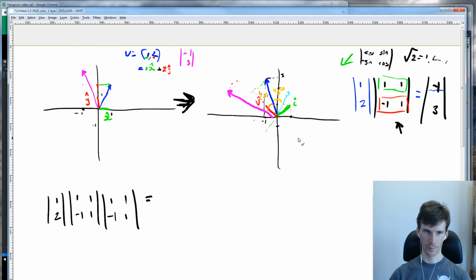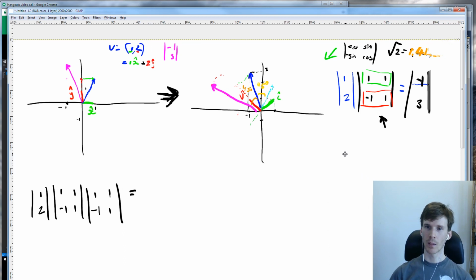Yeah, but unless it's just bad drawing, the pink didn't also scale, right? We've only applied the rotation matrix twice. So we didn't scale it, right? So we've scaled it up by this 1.4, whatever, 1.41 factor. So where is that represented in 1, 1, neg 1, 1?